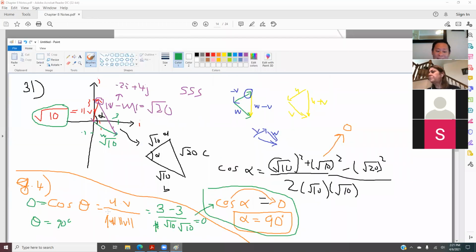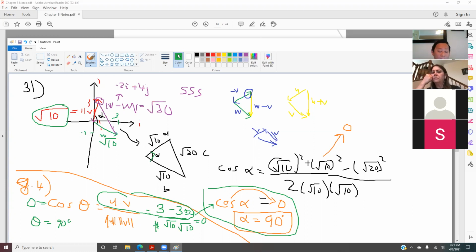And if you dot them and you get yourself a 0, then yes, these two are orthogonal. Orthogonal means that they will meet and form 90 degrees in this case.